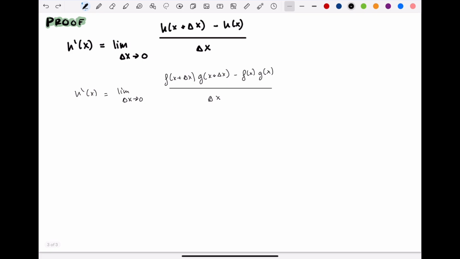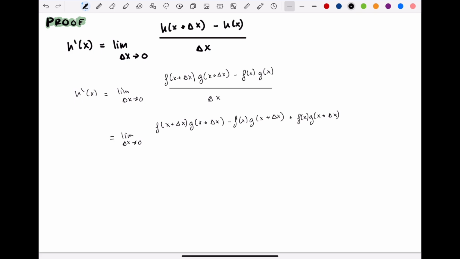Now, to go from here, this is the step that is the most unintuitive about this proof, because really this proof is simple. It's just that this one step is kind of confusing. So we rewrite this whole limit as the limit as delta x approaches 0 of what we had previously, except in the middle we're going to add a part which might seem kind of random, but this part helps us factorize this limit, which then gets us to our final proof. So we're going to have minus f of x times g of x plus delta x, and then plus f of x times g of x plus delta x.